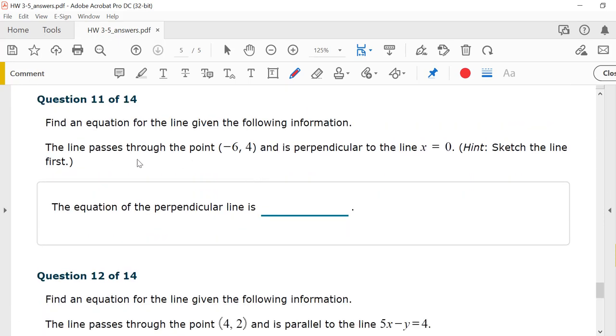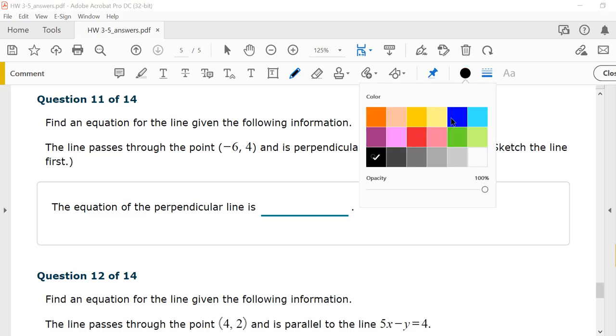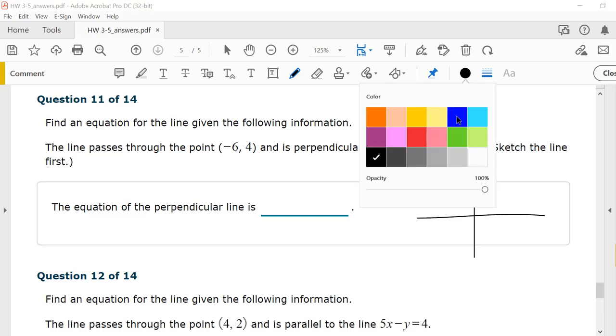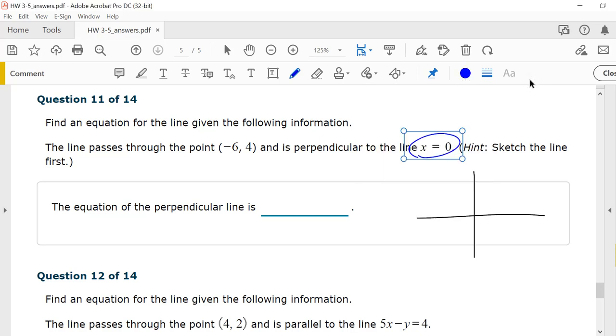Okay, here we go. Line passes through negative 6, 4, and it's perpendicular to the line x equals 0. What does x equals 0 look like? No matter what y is, x always has to be 0. So this line looks like this.